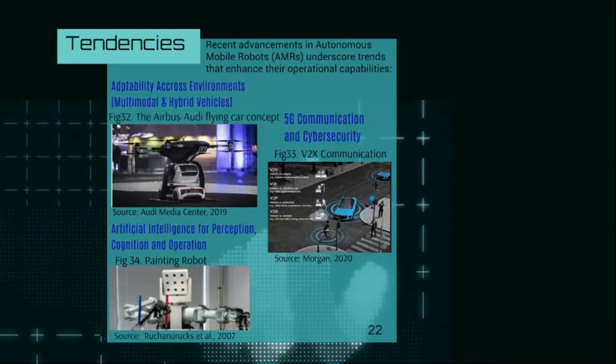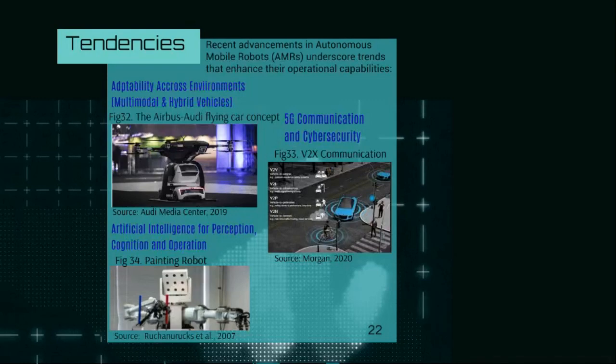Finally, we have recent advancements in autonomous mobile robots, from reading the most recent papers, which are basically about adaptability across environments. So we have multimodal and hybrid vehicles. They are being produced more constantly, but are still a kind of innovation.